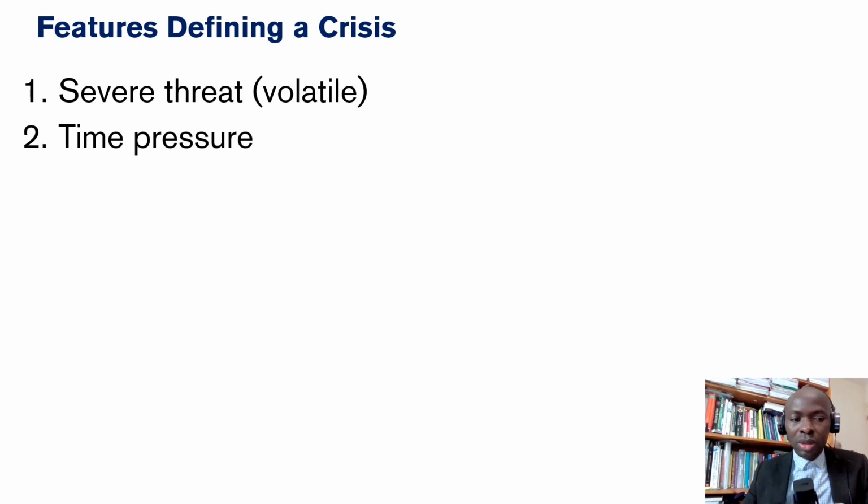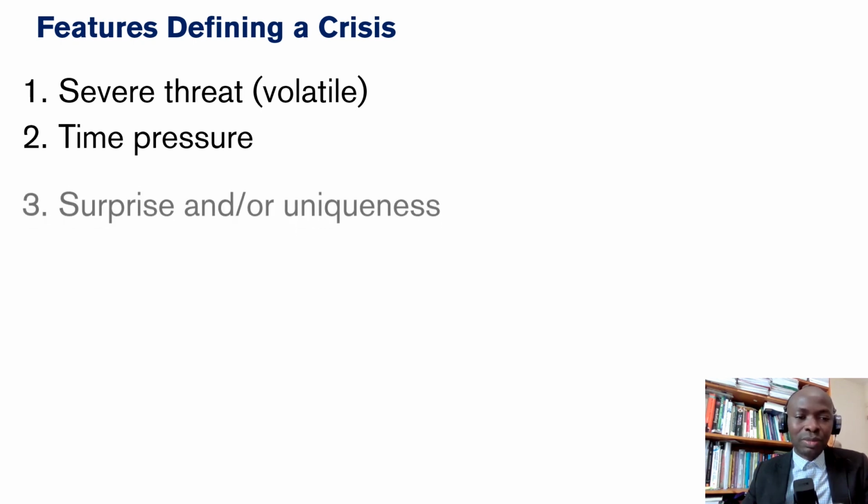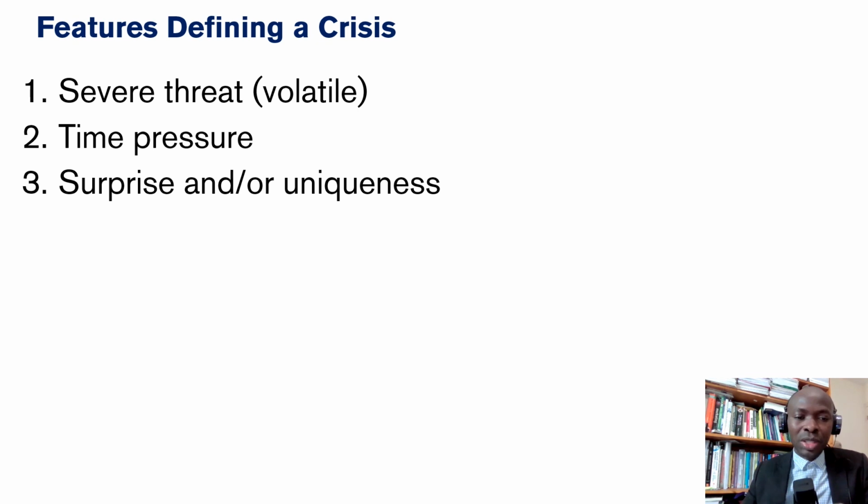The other point is time pressure. The time it takes managers and business leaders to make decisions at the time of crisis is very limited. Managers have limited windows to make a decision relating to exactly what they want to do at the time of crisis. The other point is surprise or uniqueness.